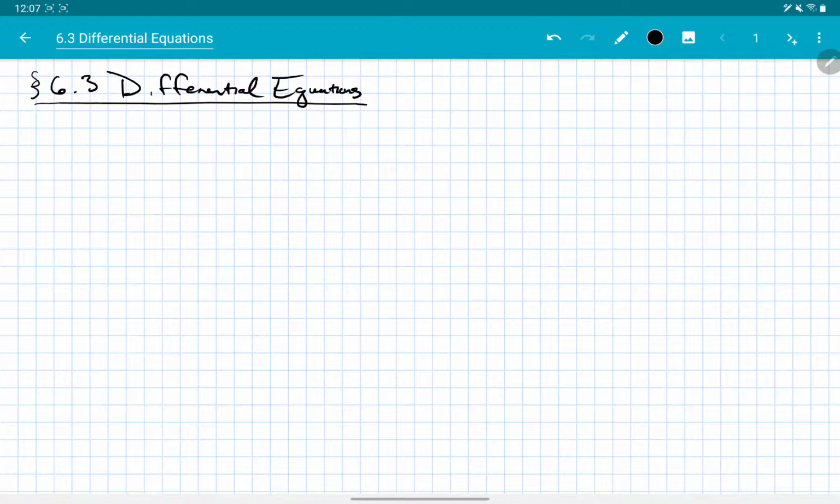But there are situations where the constant does matter. One particular situation where the constant does matter is these things called differential equations. Let's say what a differential equation is, or at least in this course.